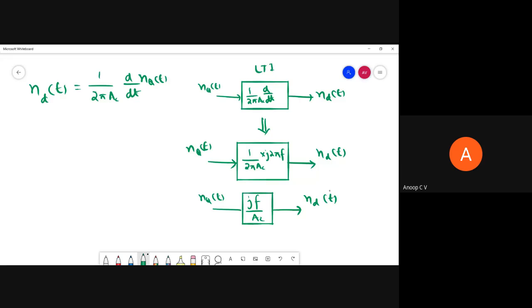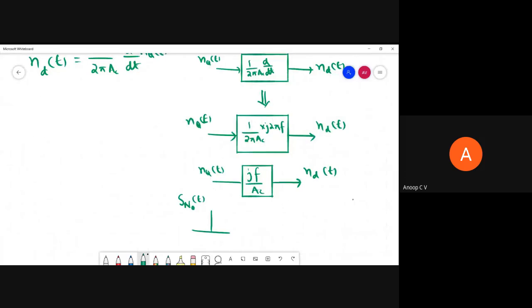Now we know the spectral density of nq of t, that is SNQ of f. That is nothing but N naught from minus Bt by 2 to plus Bt by 2. So what will be the spectral density of nd of t, SND of f?